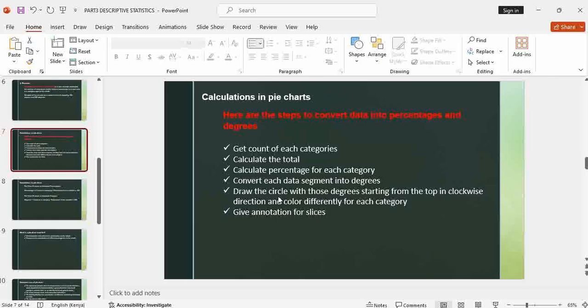From the center of the circle, you have a line that goes up until it touches the circle, and from there you start going in a clockwise direction. When you go clockwise, you also have to arrange your data in descending order, so that the first slice of your circle is the one with the highest degree, and you go around.